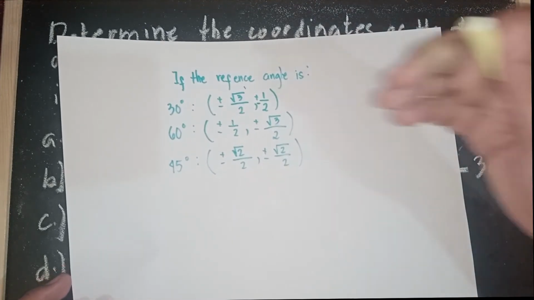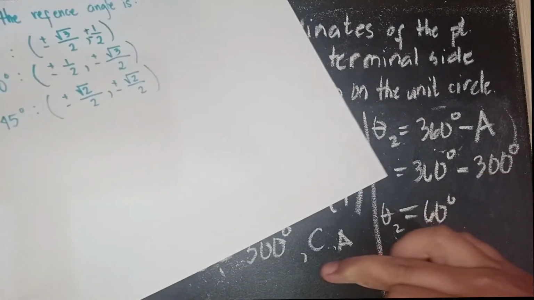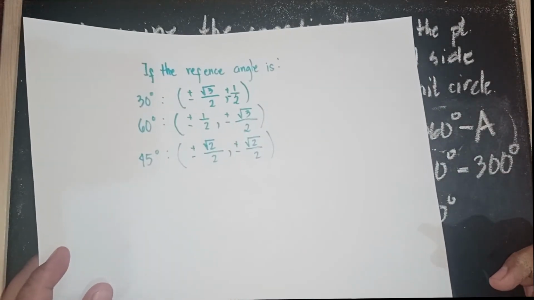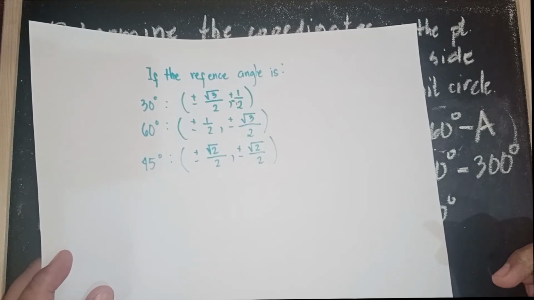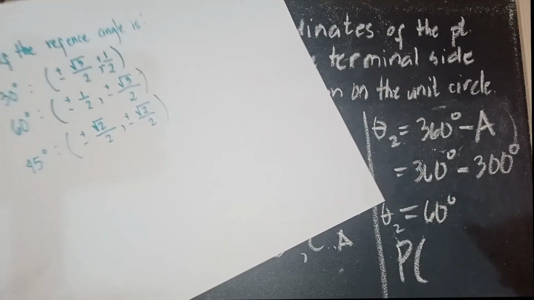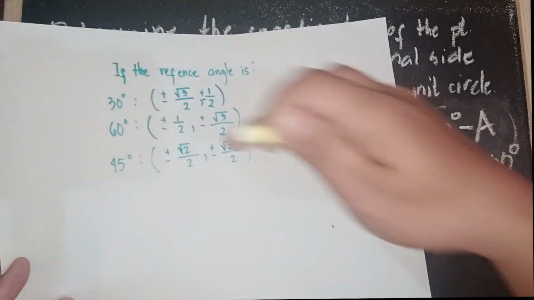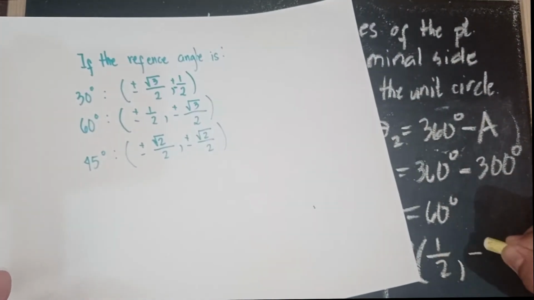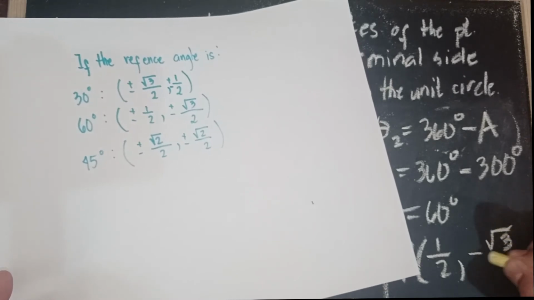Now, since the terminal side of 300 degrees is located in the fourth quadrant, the x coordinate is positive and the y coordinate is negative. So for 60 degrees, we have positive 1/2 and negative square root of 3 over 2.